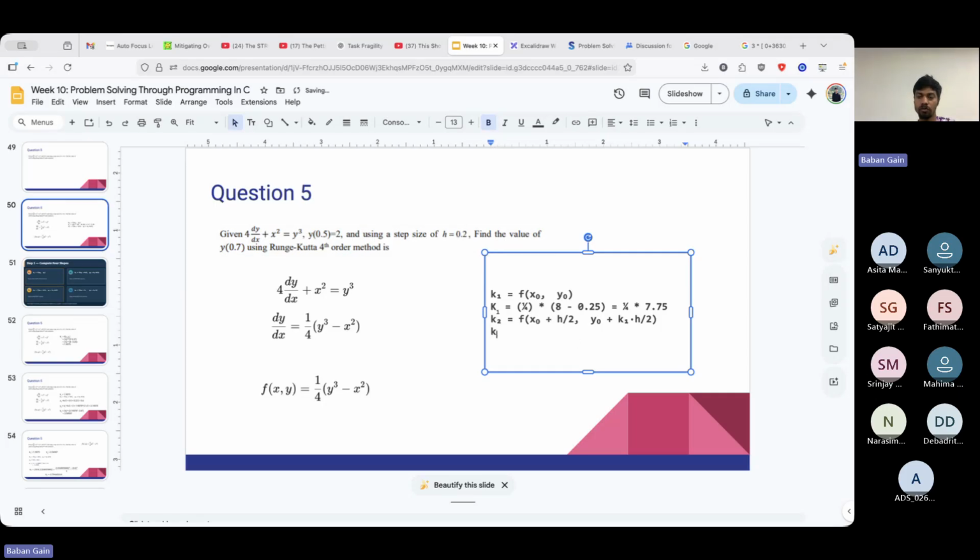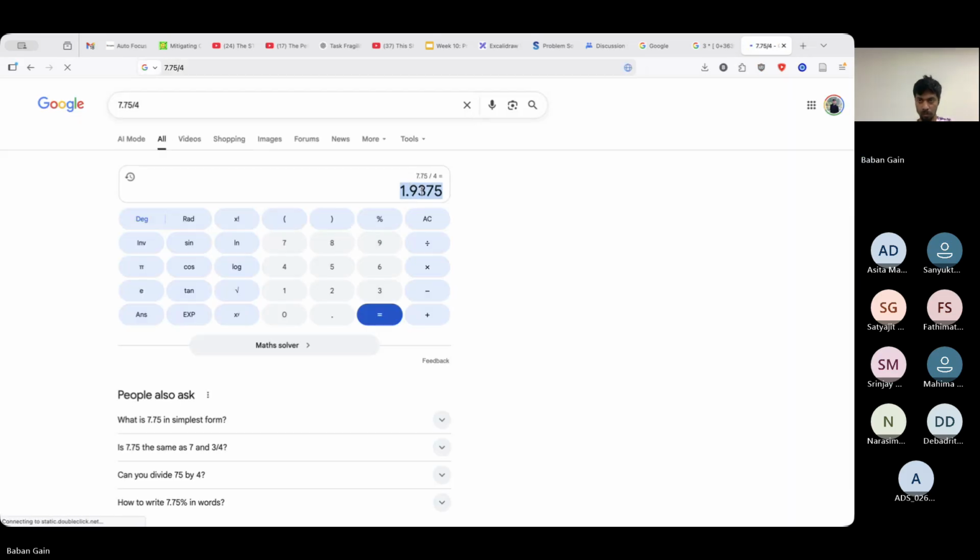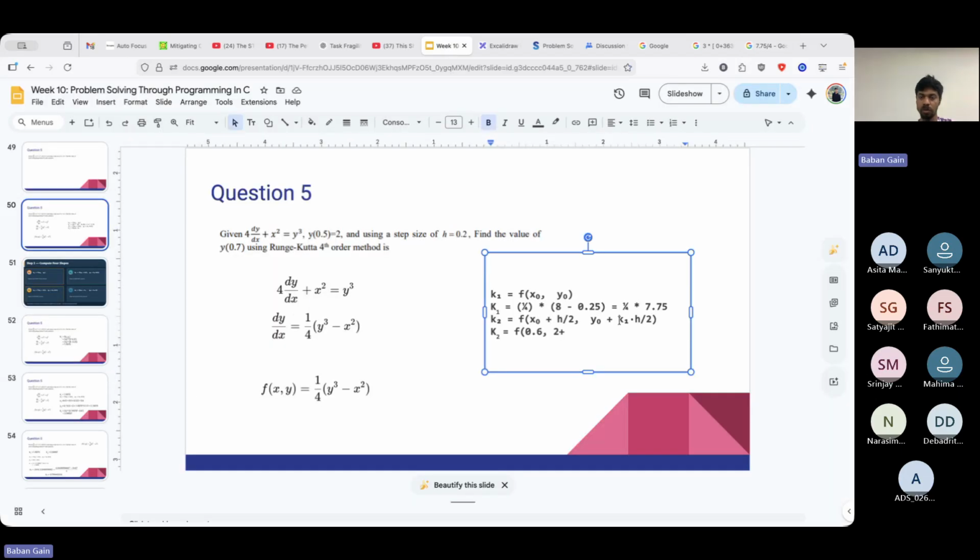So k2 is equal to f of 0.6 and y0, which is 2, plus k1, which is 7.75 divided by 4, multiplied by h, which is 0.2 divided by 2. So h divided by 2 is just 0.1. Okay.